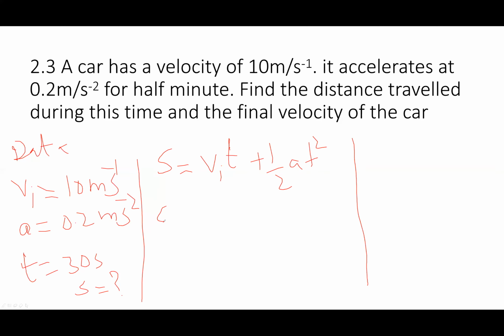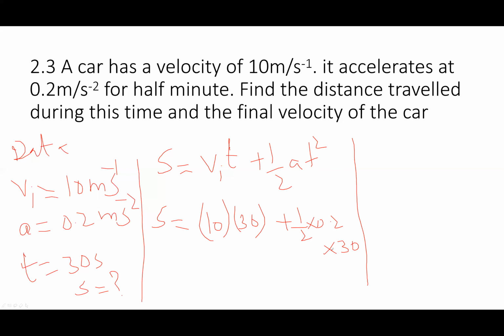So distance will be equal to vi, 10, multiplied by 30, plus 1 divided by 2 multiplied by 0.2 and multiplied by time, 30 seconds, squared.